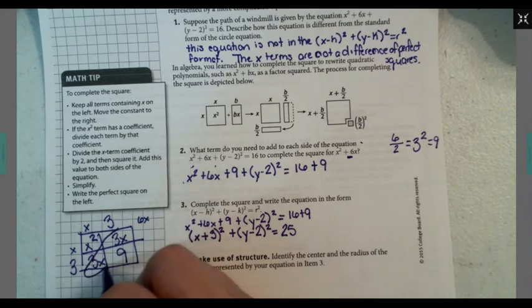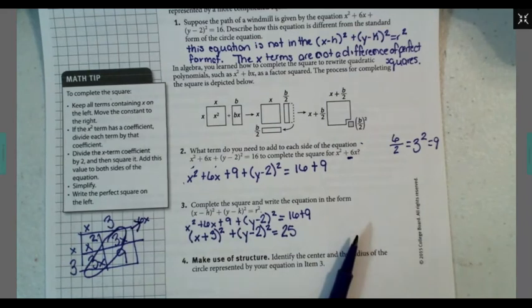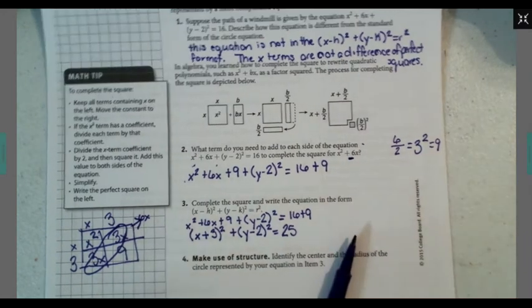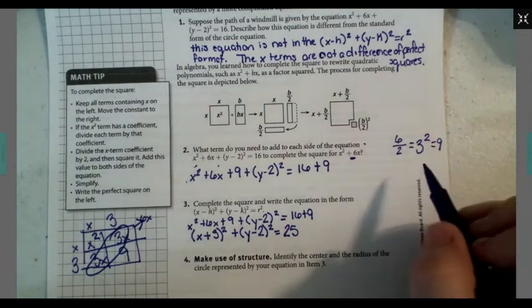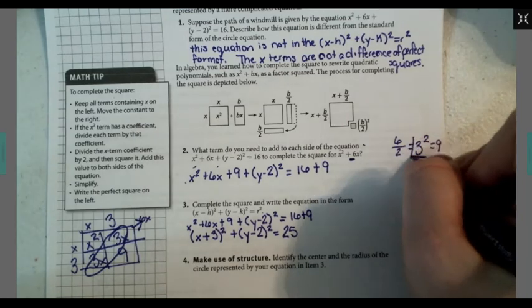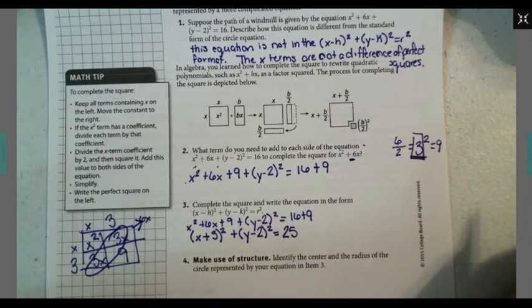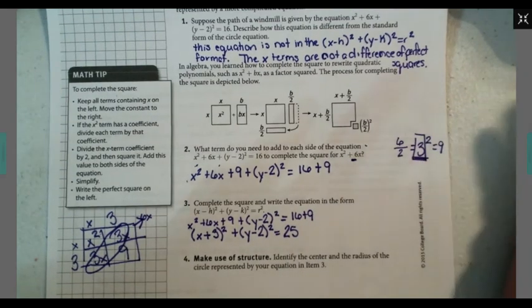And if I combine these, that does indeed give me 6x. The 3 came up somewhere else as well. That was the number that we got when we divided by the 2, the number that we squared.